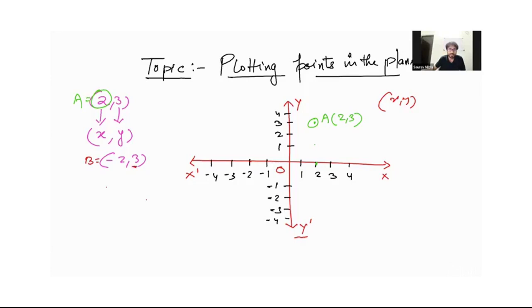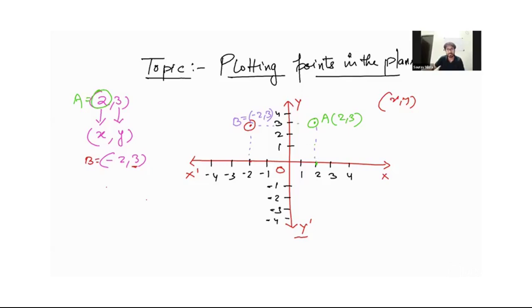So in the direction of positive y it will be this -2 comma 3. This is your B point, and this is your -2 comma 3.